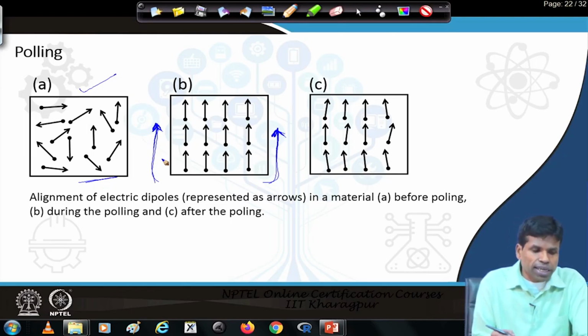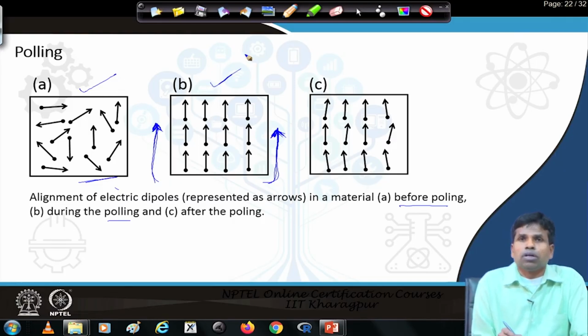A very high electric field orients all the dipoles in the direction of the field, and this is how the material is poled.